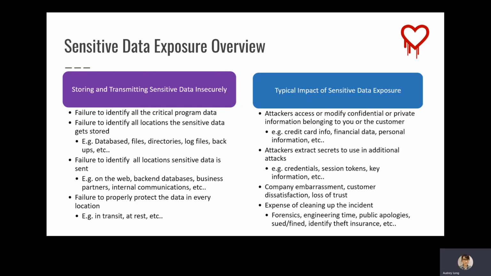Going into that, we're going to go a little bit more into the sensitive data exposure side of the house. So HeartBleed falls into A3 of the OWASP Top 10, and it's dangerous because it exploits the ability to exfiltrate the sensitive data that's stored within the web server. Many web applications and APIs do not properly protect sensitive data, such as financial data, healthcare data, and personal information.